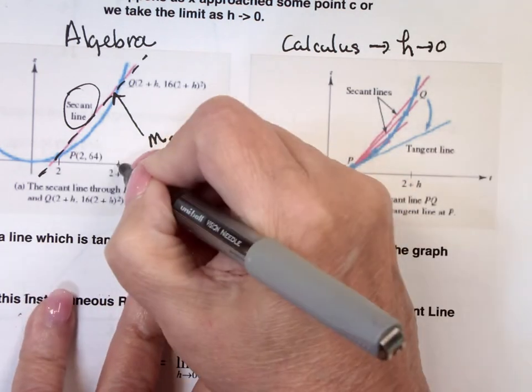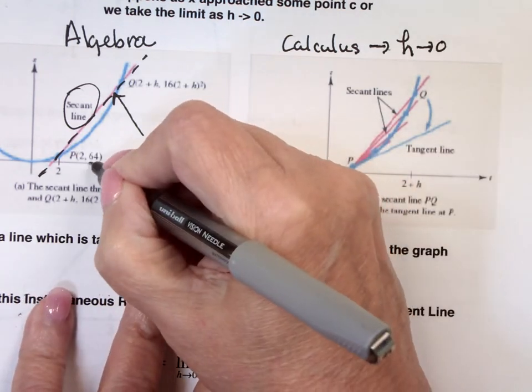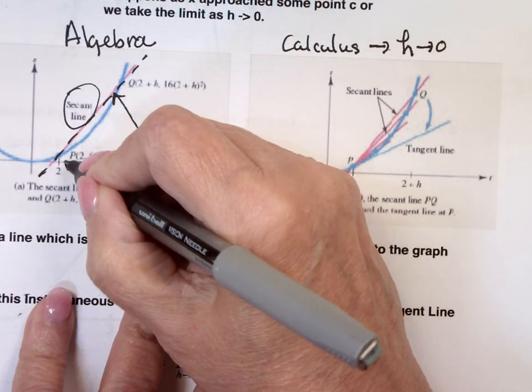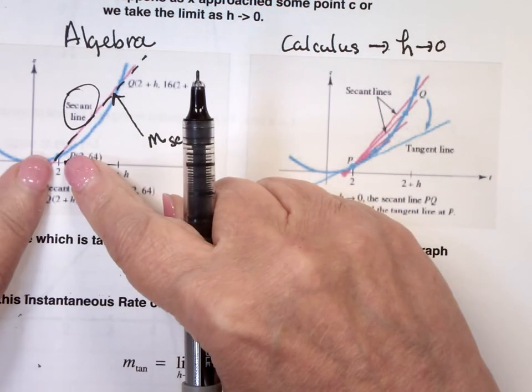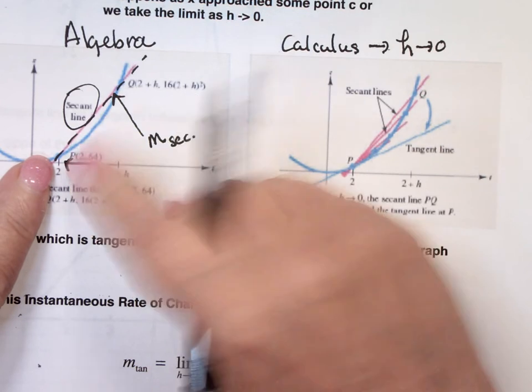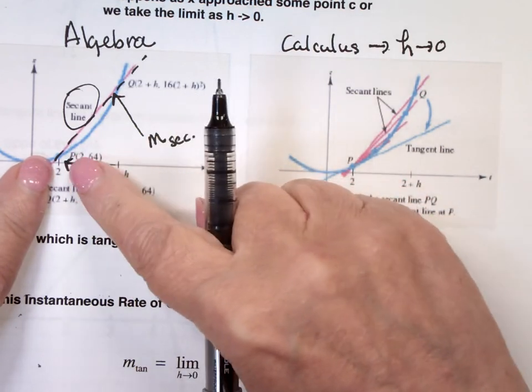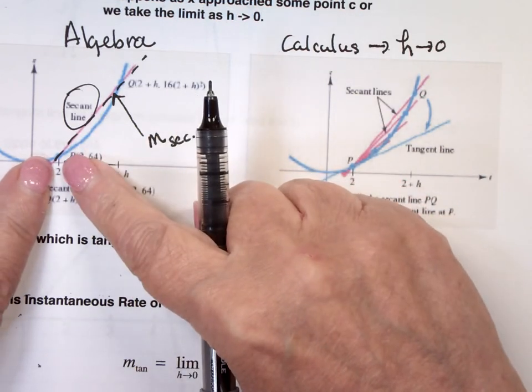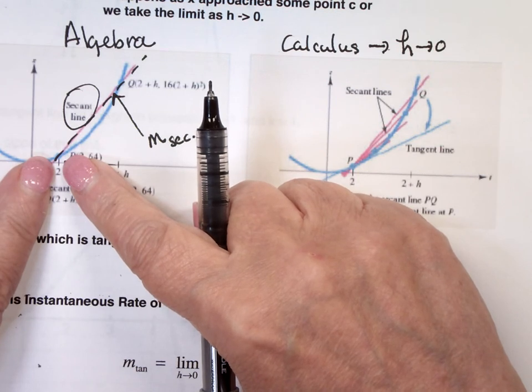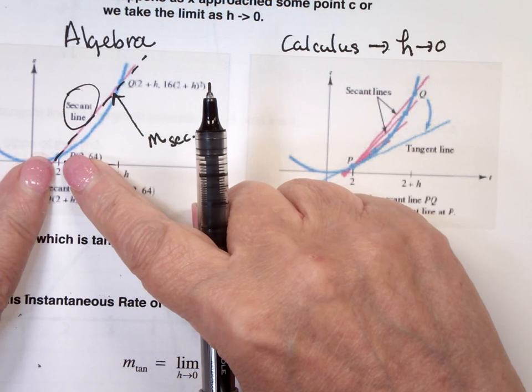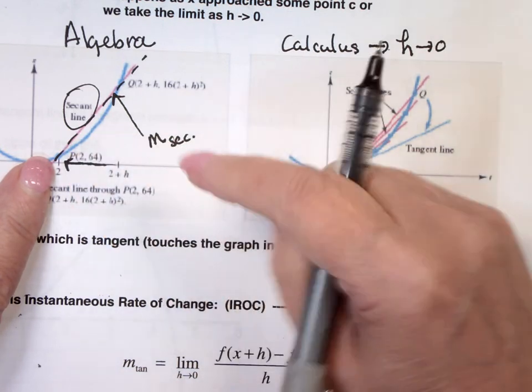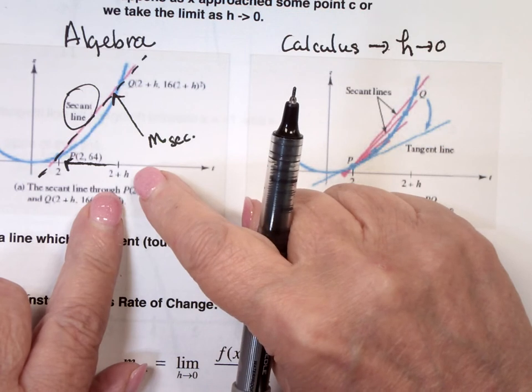That means that this distance begins to decrease and get very, very close to the original number. H goes to 0. This guy's getting very close to 2. 2.1, 2.01, 2.001, 2.0001. You're getting very, very close to 2, because h is going to 0.